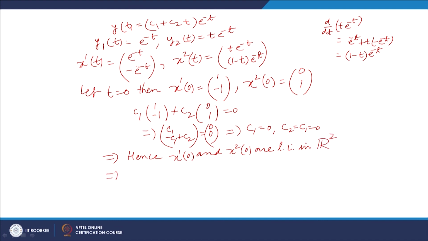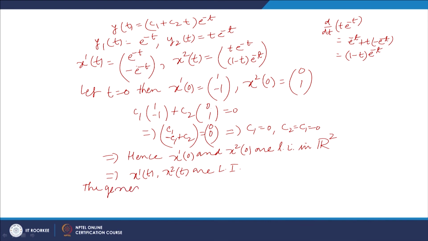So, by the theorem which we have just now done, if k vectors x1, x2, up to xk at t equal to t naught are linearly independent, then the k functions x1, x2, up to xk are linearly independent. So the two solutions x1(t) and x2(t) are linearly independent, and so we can write the general solution of the given system.